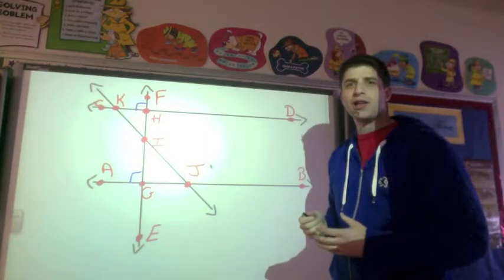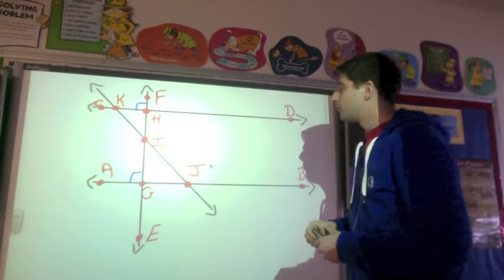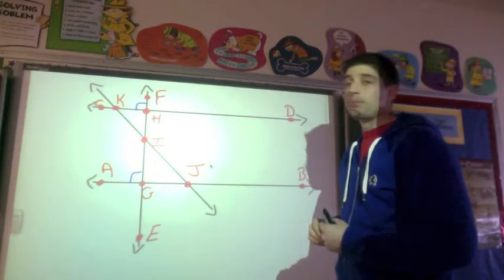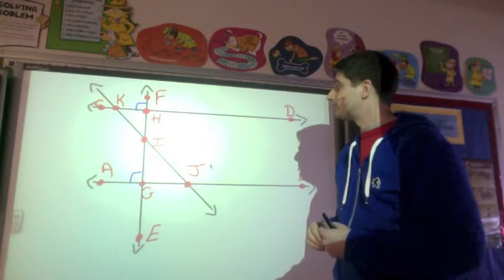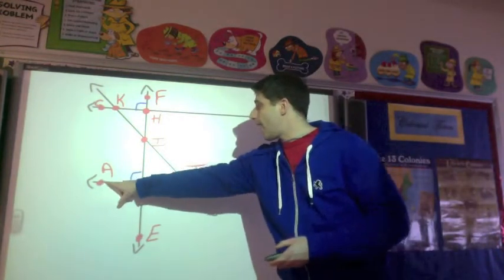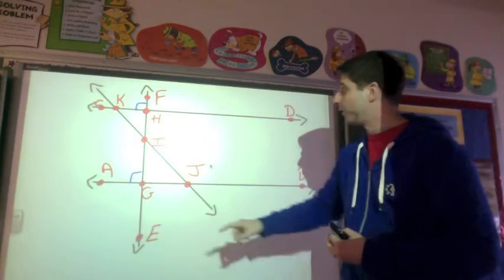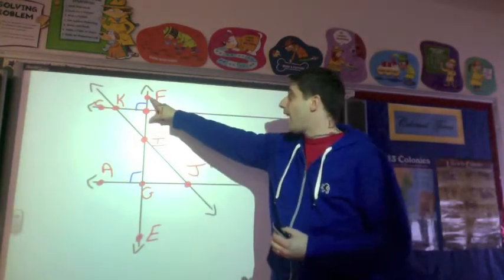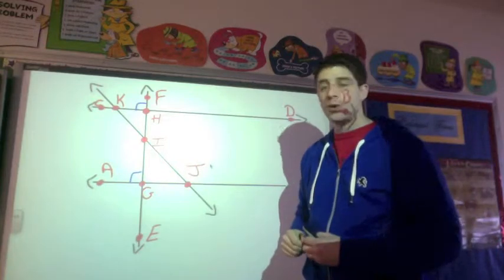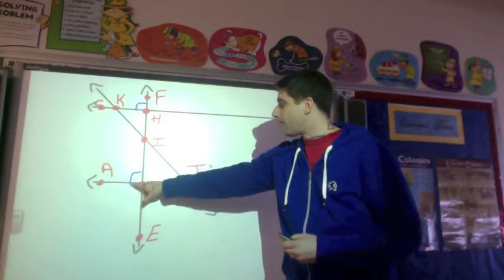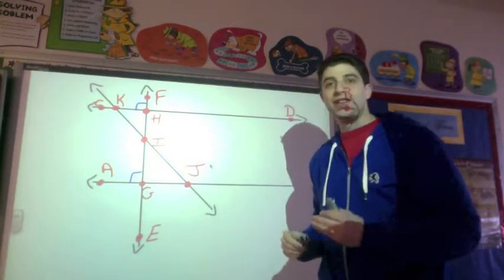So those are some parallel lines for you. Let me take a look at some perpendicular lines. I can look at AB, and I know that it's perpendicular with EF. How do I know that? I know that because my box here tells me that it's 90 degrees.